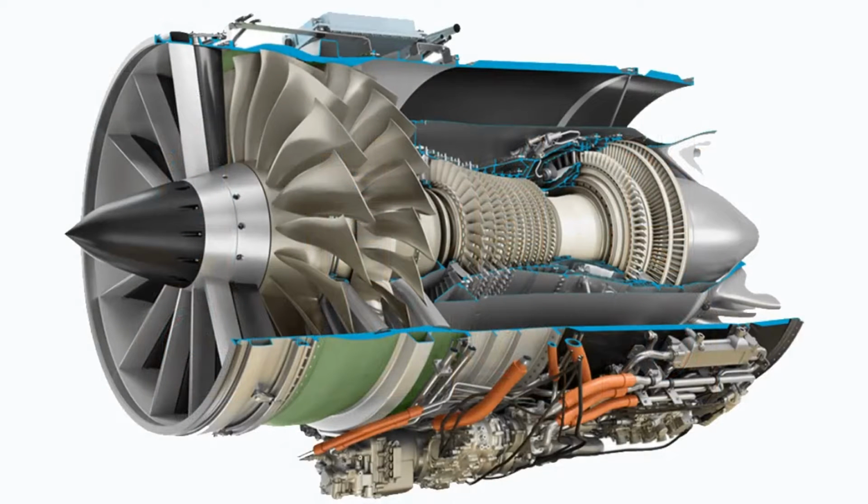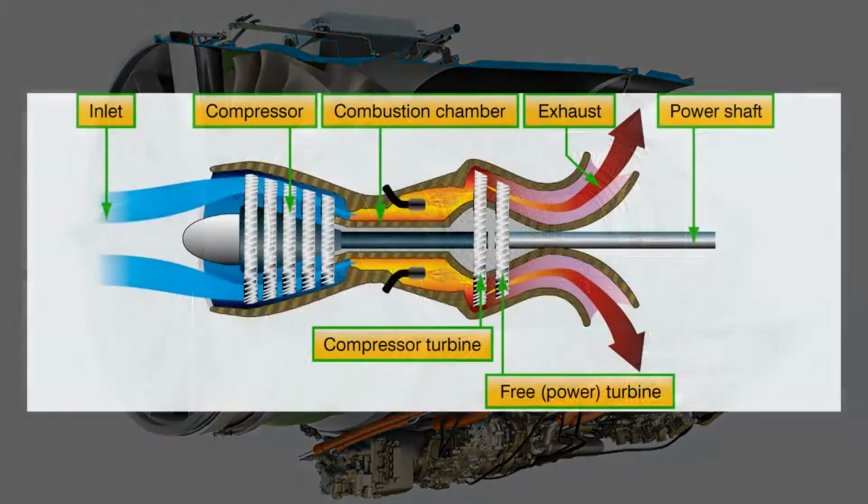But in a gas turbine engine, there are separate sections devoted to each function, and all functions are performed simultaneously without any interruption. These sections are air inlet, compressor section, combustion chamber, turbine section, and exhaust section.